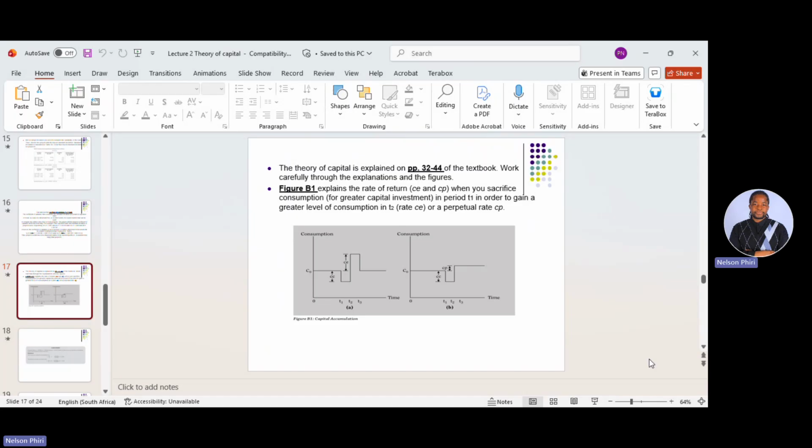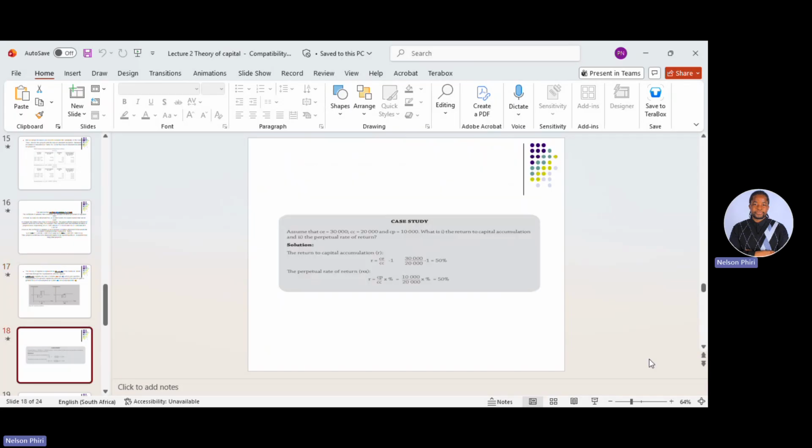If you sacrifice your consumption in T1, then you can increase your consumption in T2. If you want to compute that perpetual return, it is given by CP, which is the perpetual rate of growth in the future. So in terms of a calculation, this looks like this.